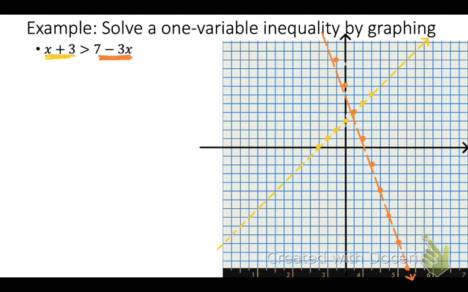So when is my yellow less than? What does less than mean? Under it, right? Below it. So when is my yellow less than my right? Where does that happen? The middle of the X. It happens right in here, doesn't it? Uh-huh. So in the middle there is where I would shade.